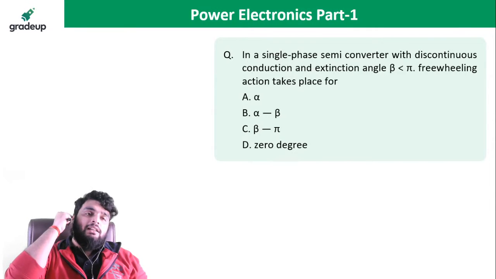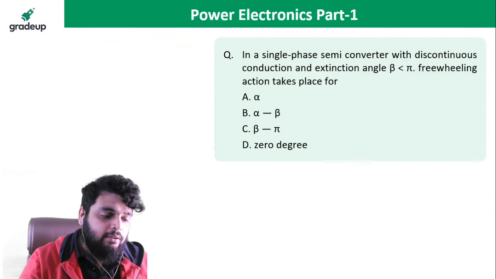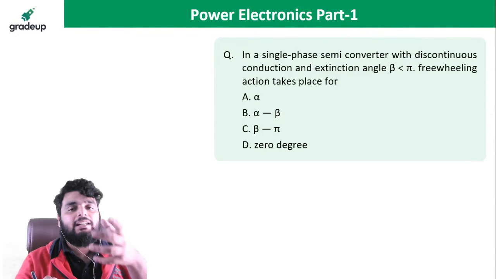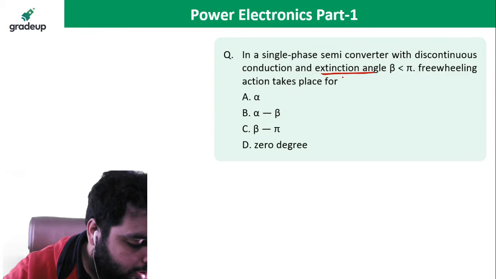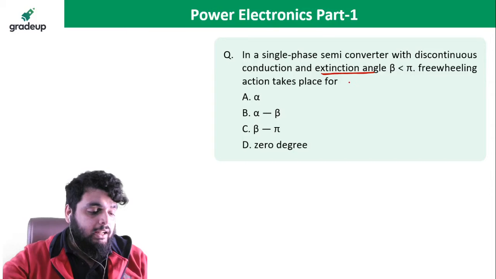Extinction angle is the angle at which your voltage and current, basically your current, becomes zero. Extinction angle is the angle at which your current becomes zero. Okay, remember this point.